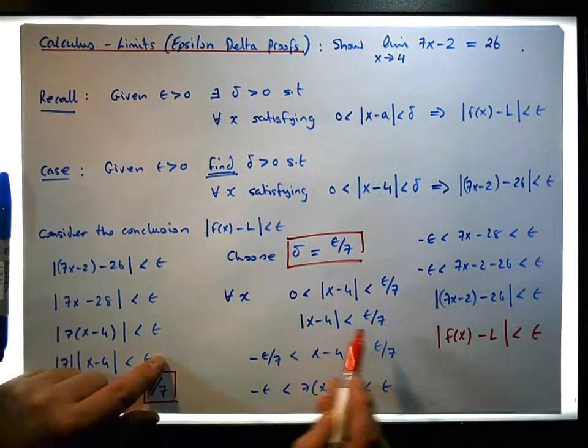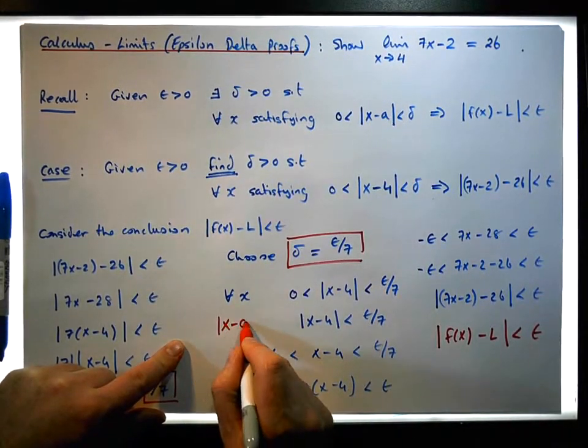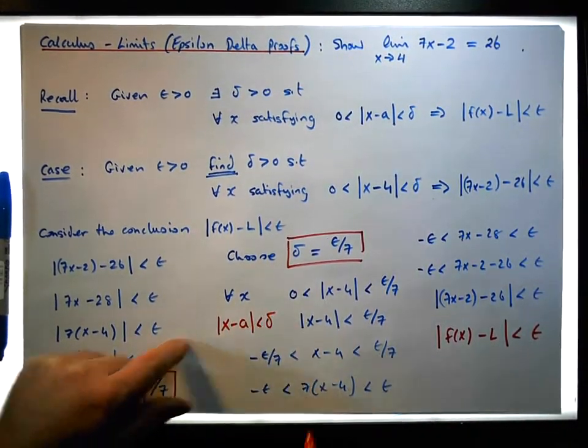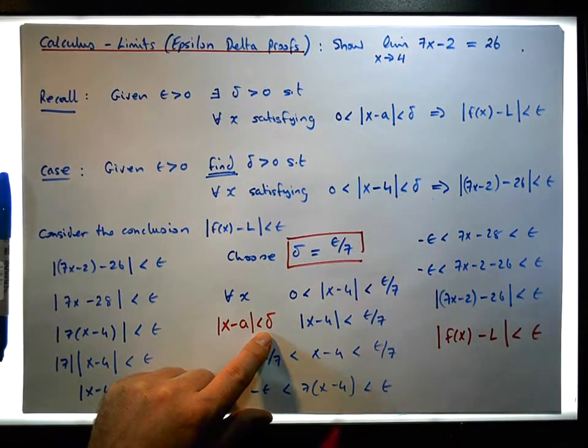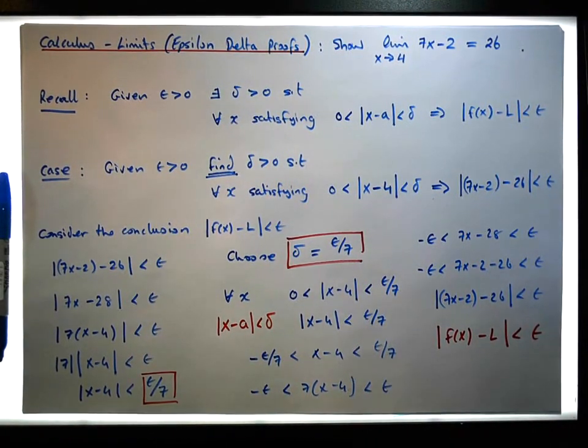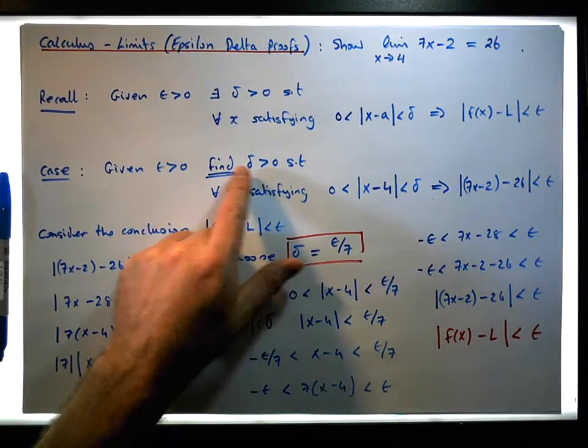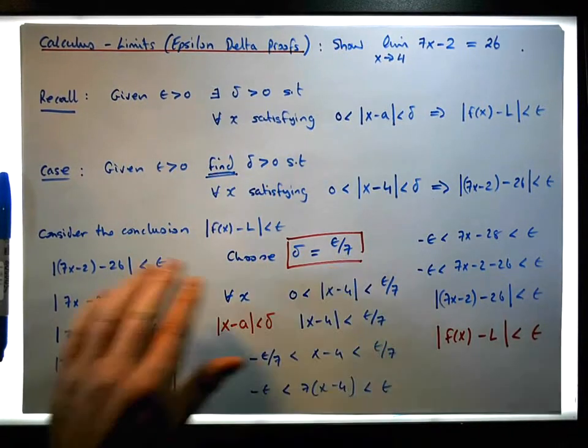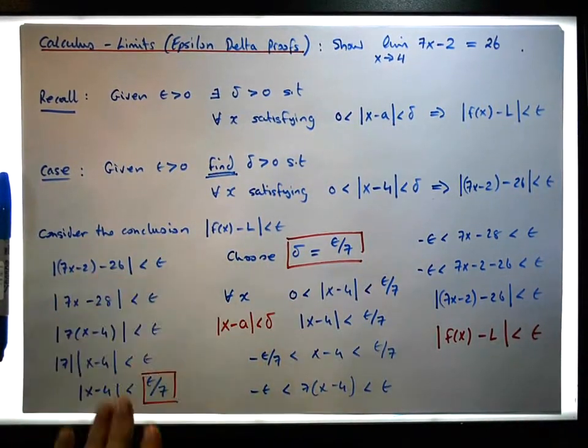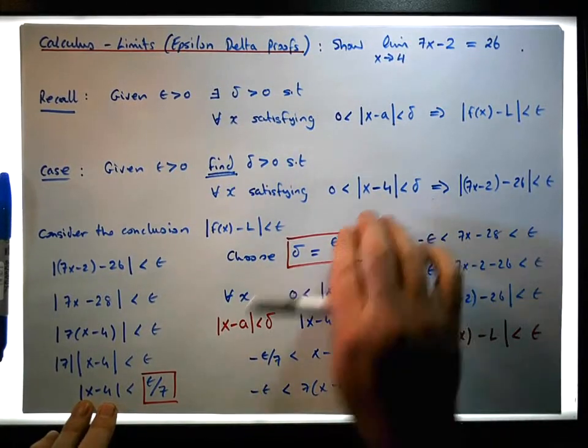We got there by starting here. This thing here is effectively x minus a is less than delta, where we chose delta to be epsilon over 7. So we did find an appropriate delta, epsilon over 7, by looking at the conclusion and working it through to see if we could find this particular premise in there.